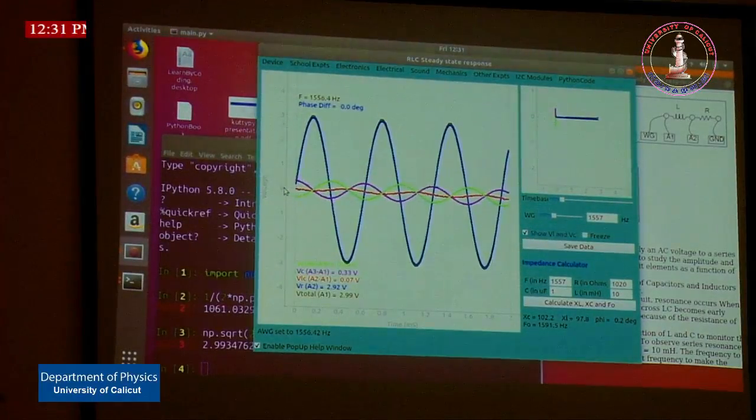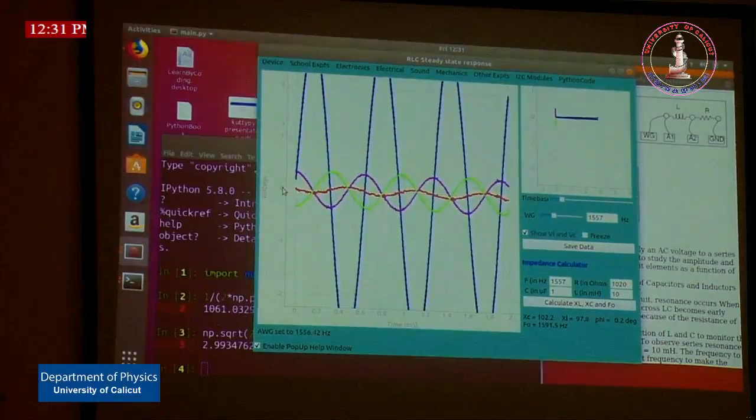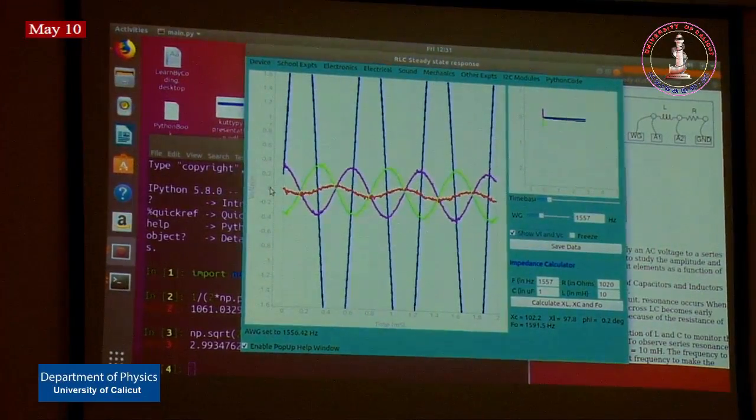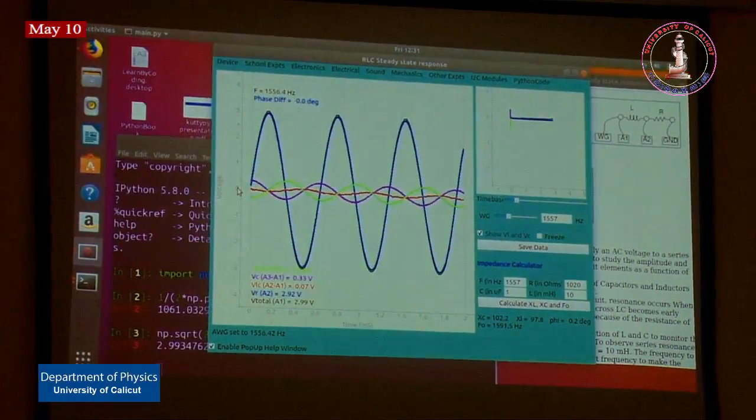See, this is how you get resonance. The red trace is the total voltage across L and C together, and at the same time across C and across L the voltages are not zero, but they are equal and opposite in phase, so the net result is zero. This is how series resonance works.